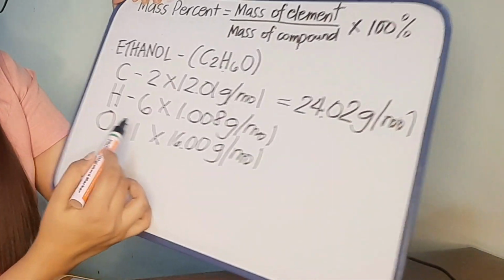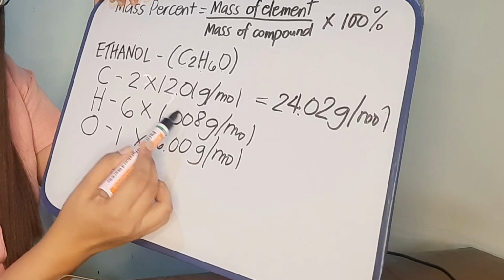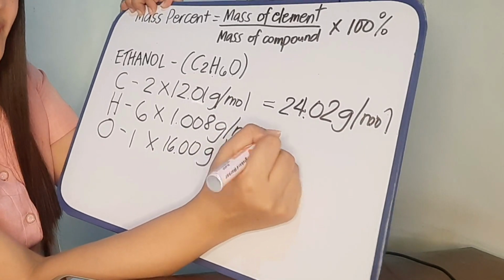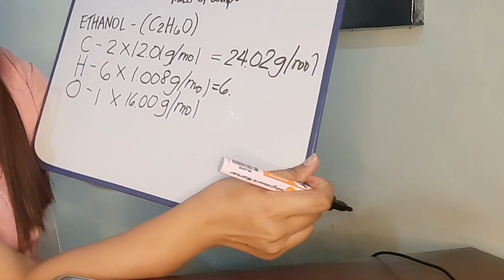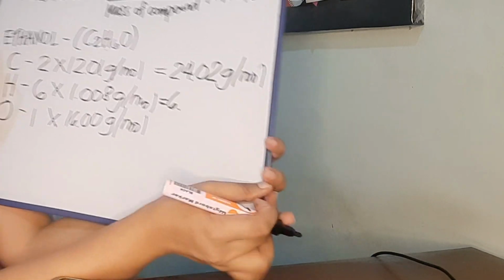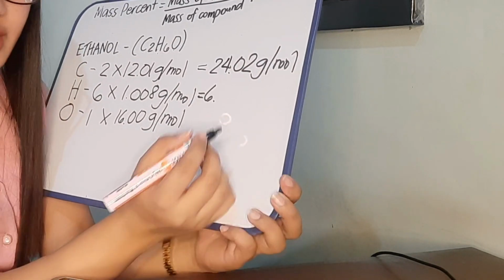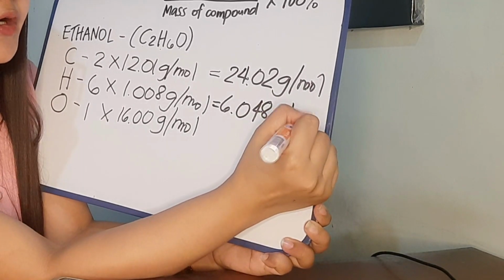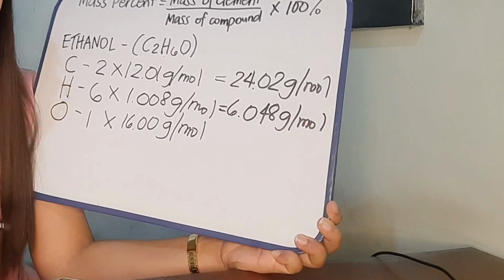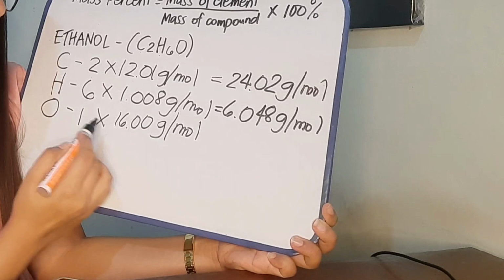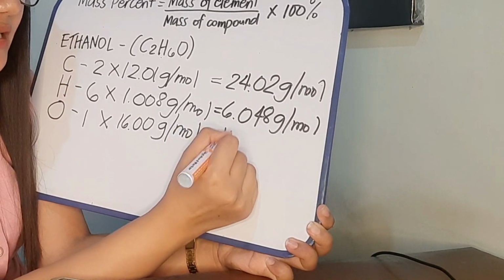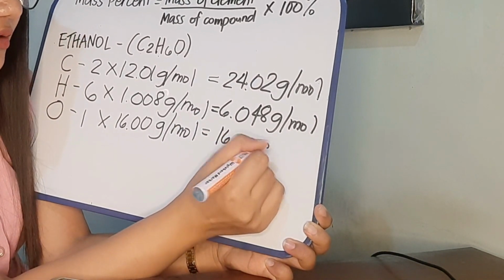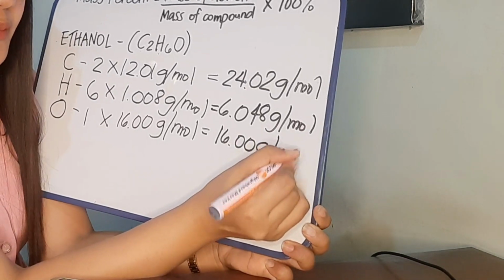Okay, at ano naman itong, 6 times 1.008, we have 6.048 gram per mole. And then, 1 times 16.0, so obviously, that is 16.00 gram per mole.